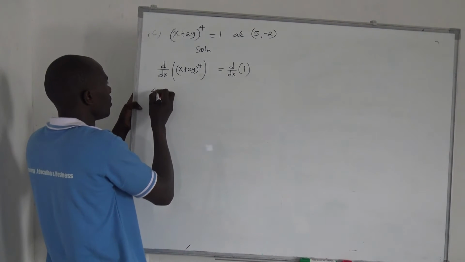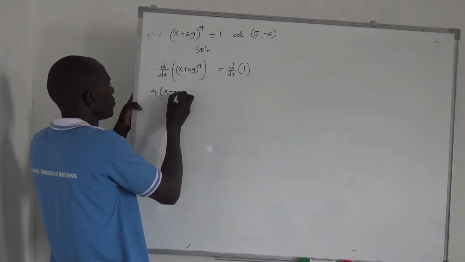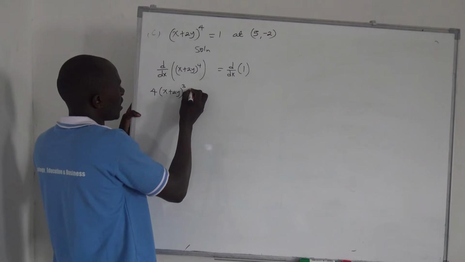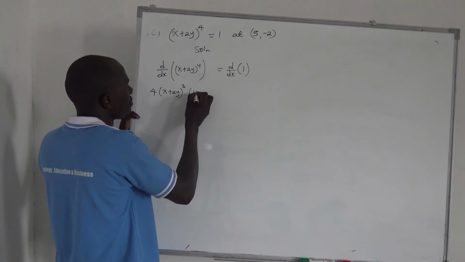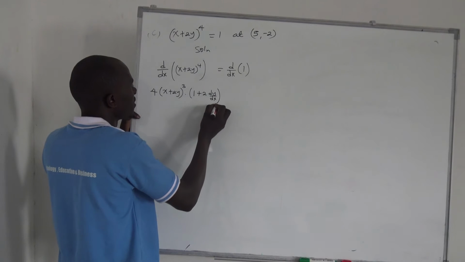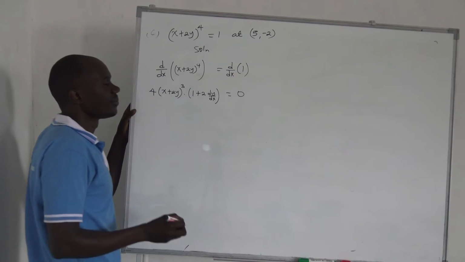We get 4 into (x + 2y) power 3 times, we differentiate inside. What do we get when differentiate x? We get 1. When differentiate 2y, we get a 2 dy/dx. The whole thing equals, when differentiate 1, you get a 0.